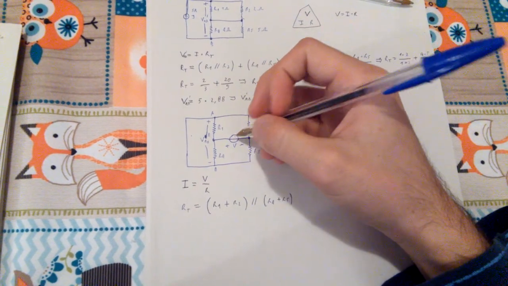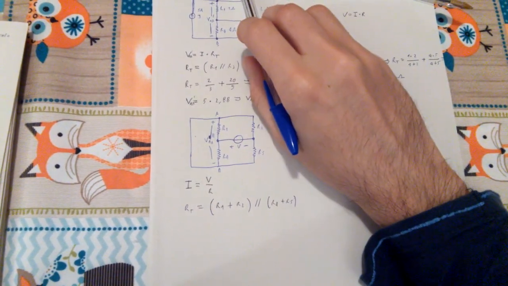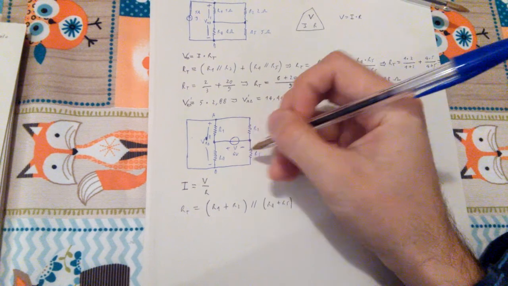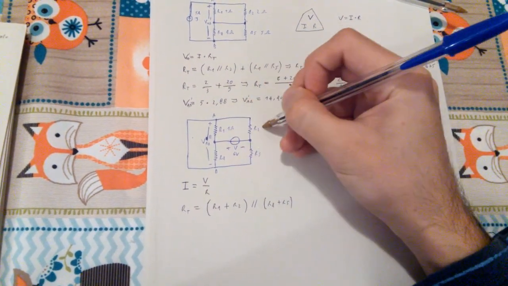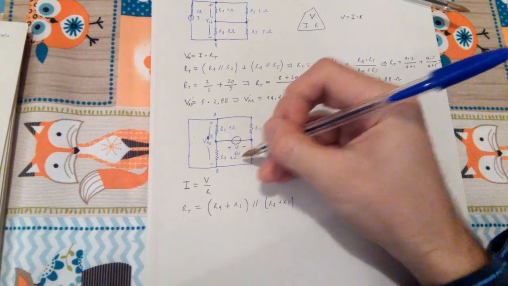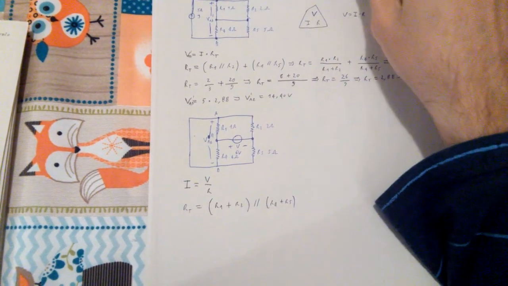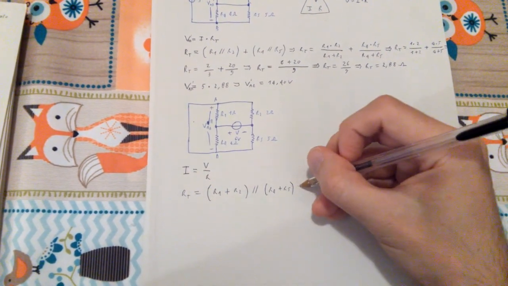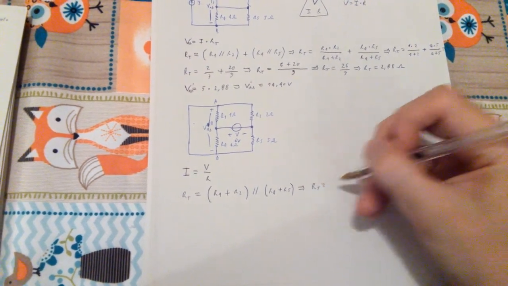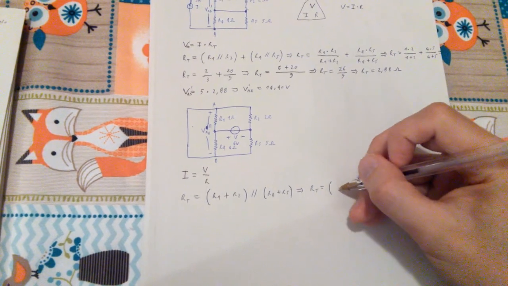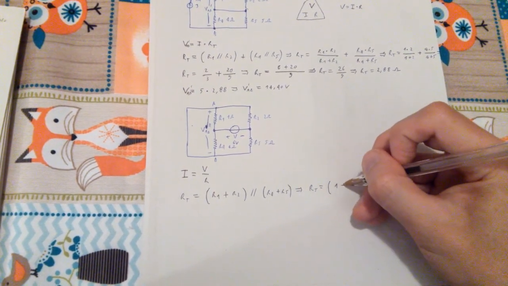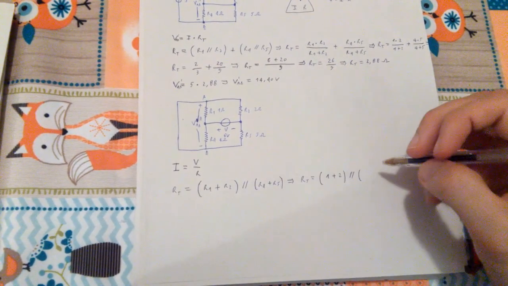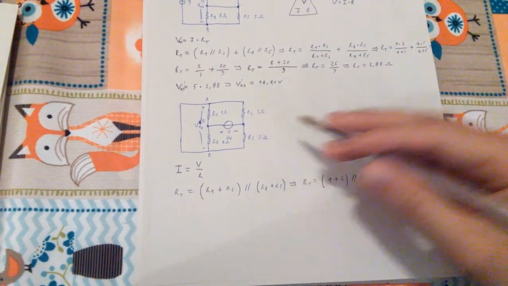So V, as we said, was 6 volts. I'm gonna write 6 volts. This was 1 ohm, 2 ohm, 4 ohm, and 5 ohms. Okay, so let's do it again in this new configuration. This time RT is going to be R1, so 1, plus R2, so 2, parallel to R4, which is 4, plus R5, which is 5.